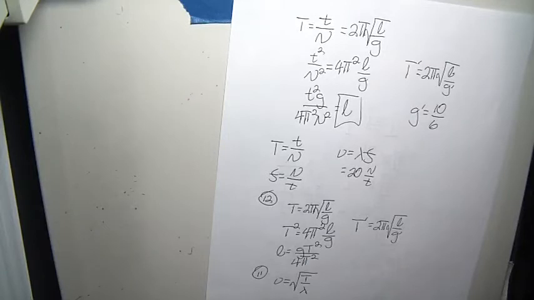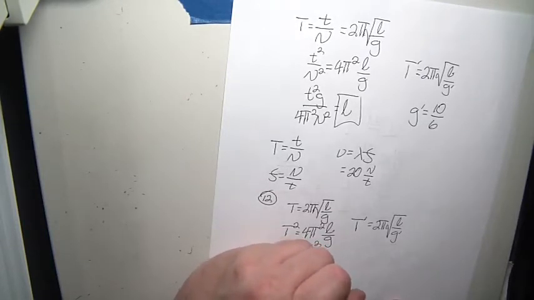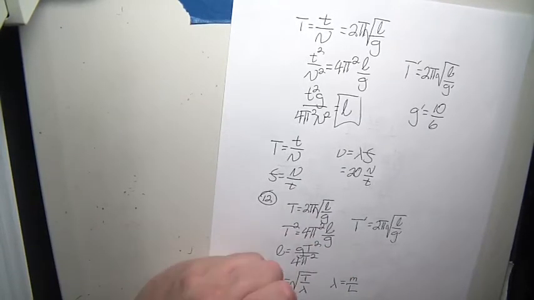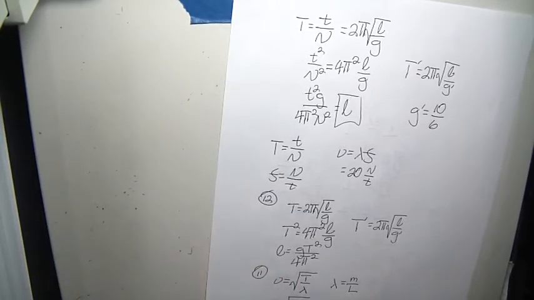Oh, I think I may have, ooh, this is a subtle thing. The velocity is the square root of T over lambda, where lambda is the mass density, or m divided by big L. So the velocity is the square root of T times L over m. And that's the velocity in the string.